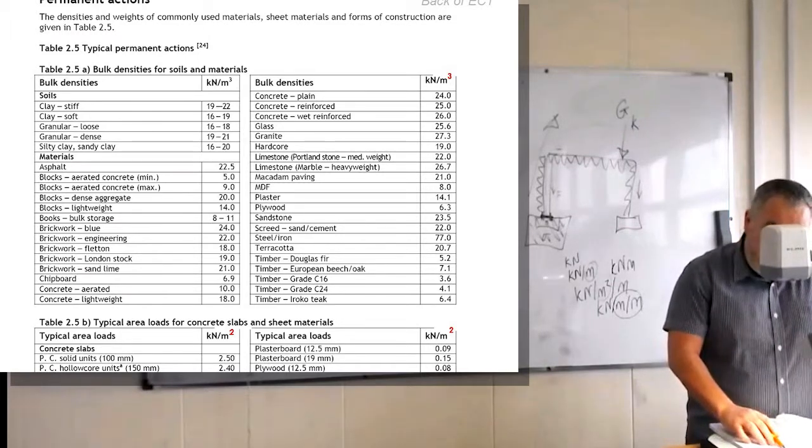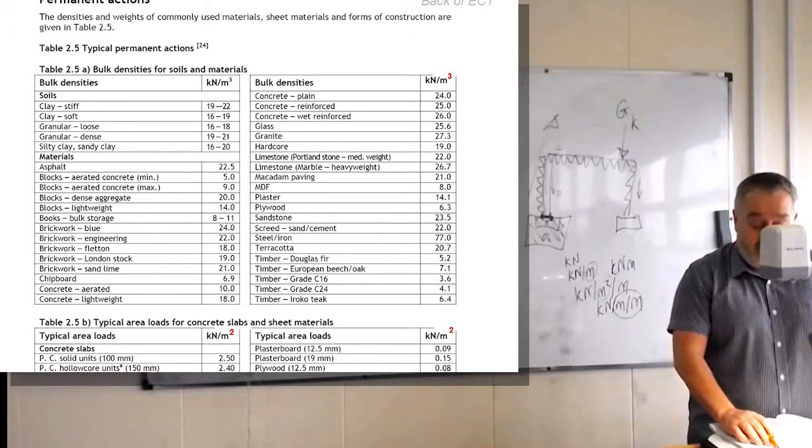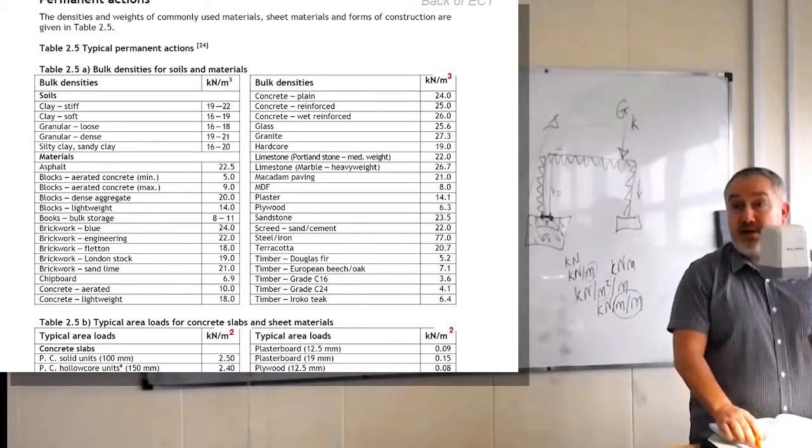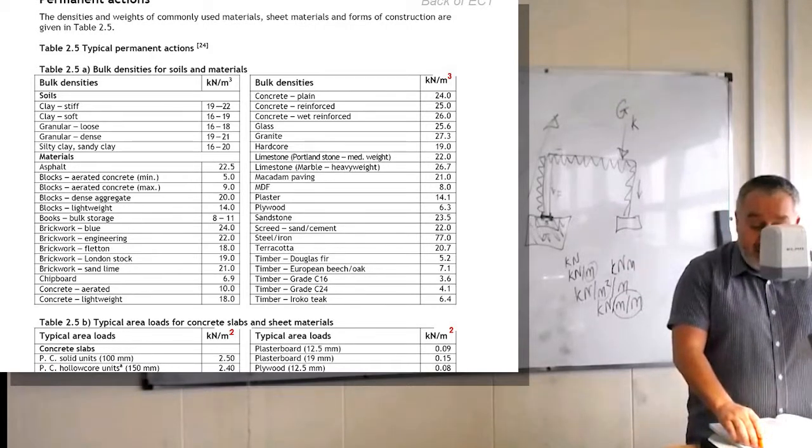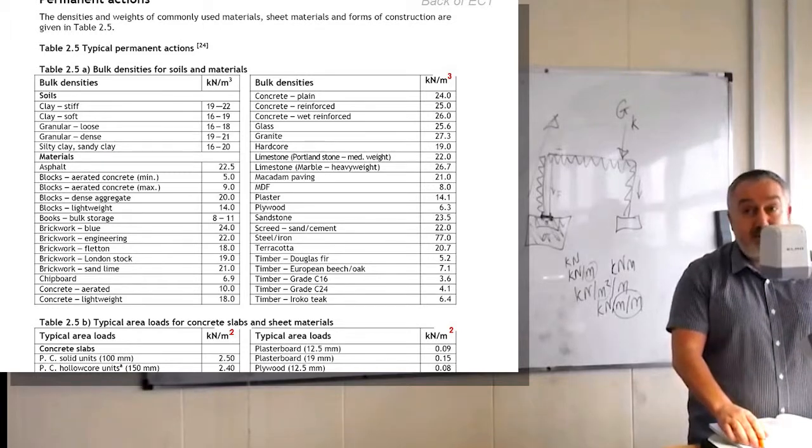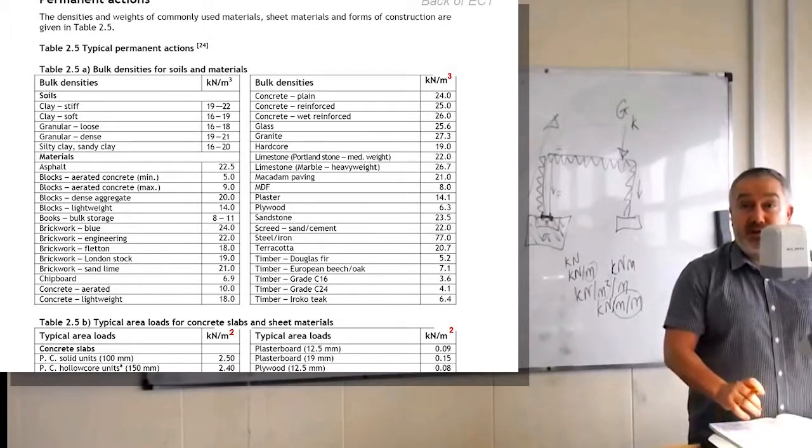So we can see that plain concrete, as in it's not reinforced, is 24 kilonewtons per meter cubed. So that's our load. Now you could have kilograms per meter cubed, which is specific weight.